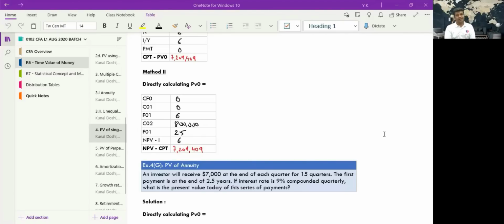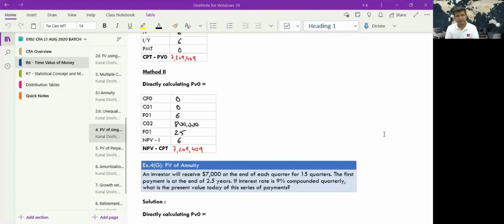Now, from yearly, I'm coming to a bit of complicated things. The first payment is at the end of 2.5 years. If the interest is 9% compounded quarterly, what is the present value today of this series of payments?